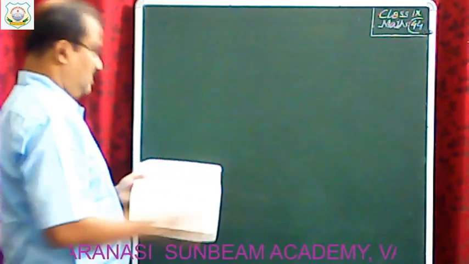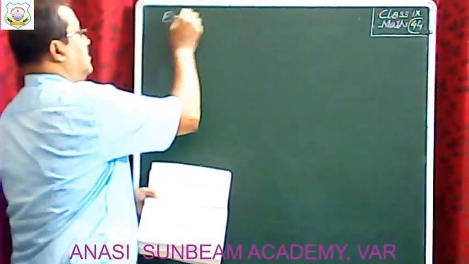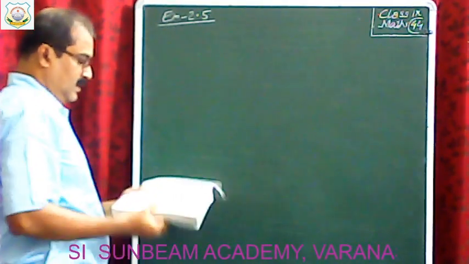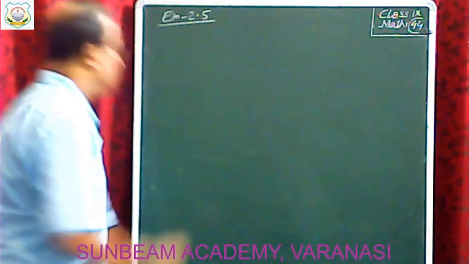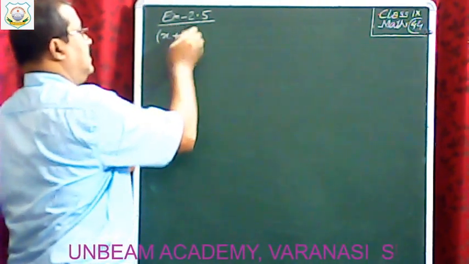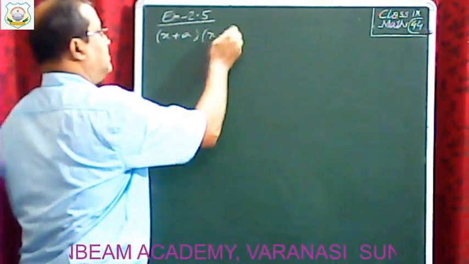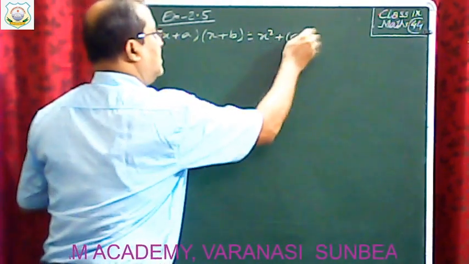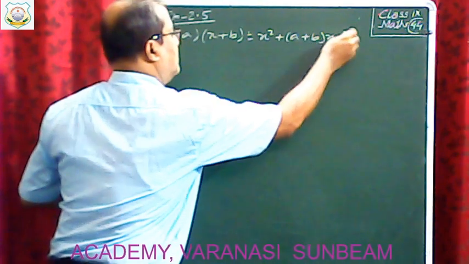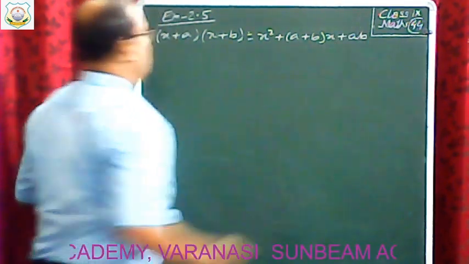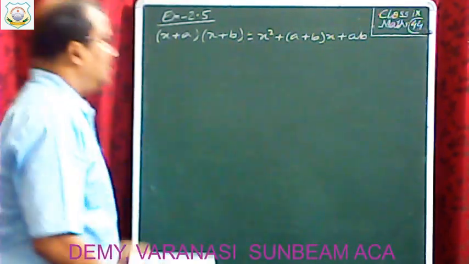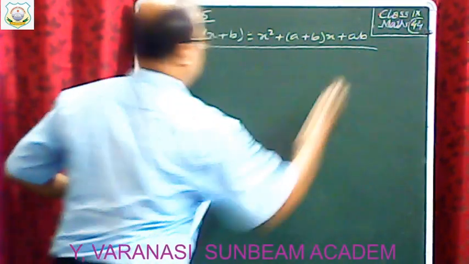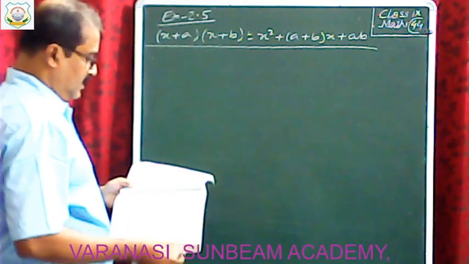That is given in exercise 2.5. One identity you have to write, that is x plus a into x plus b equal to x square plus a plus b x plus ab. Okay. The application of this identity given in NCERT, not in R.S. Agarwal.